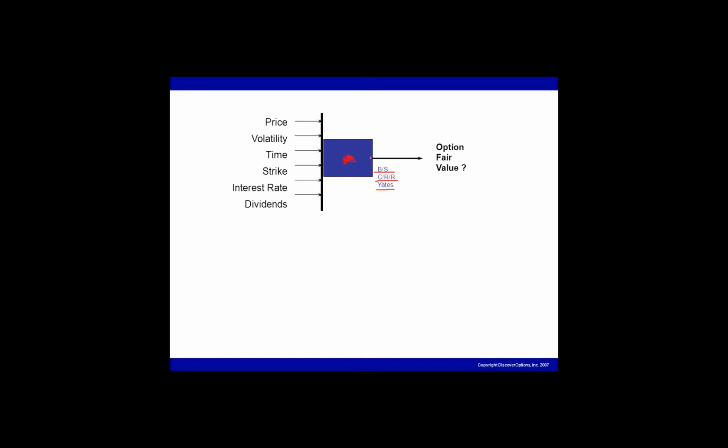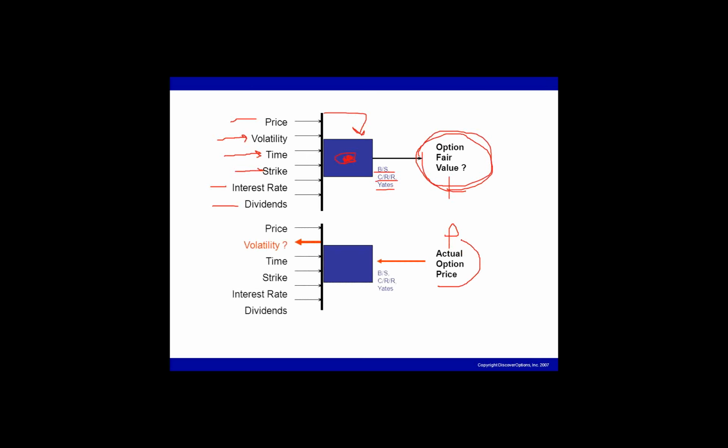Into this pricing model, into that complex algorithm, goes the price of the stock, the volatility level, the amount of time left in the life of the option, what strike price we're at, the current interest rates, and any dividends. You crunch all that through the Black-Scholes and you get a theoretical price.